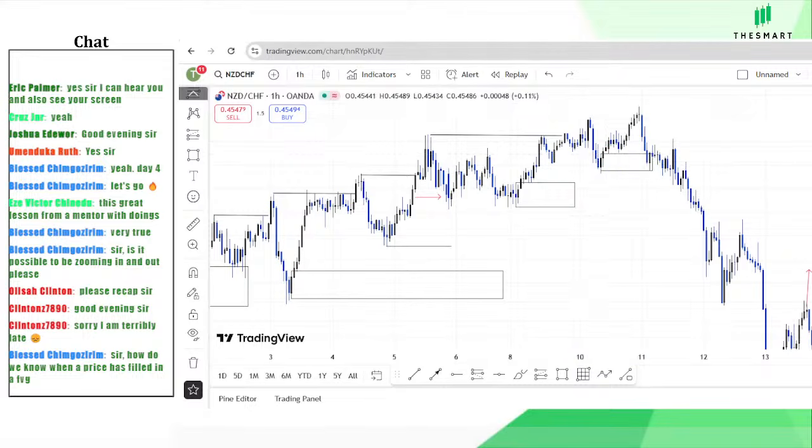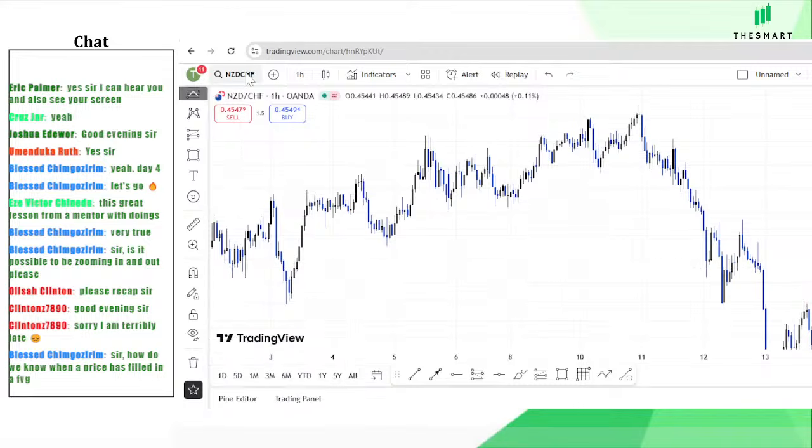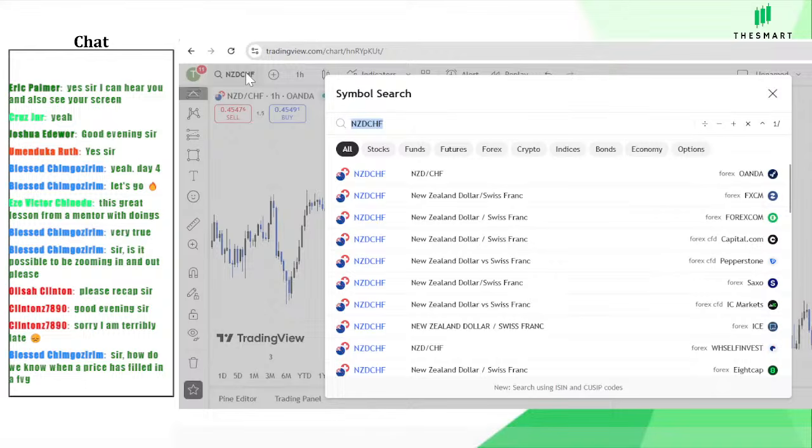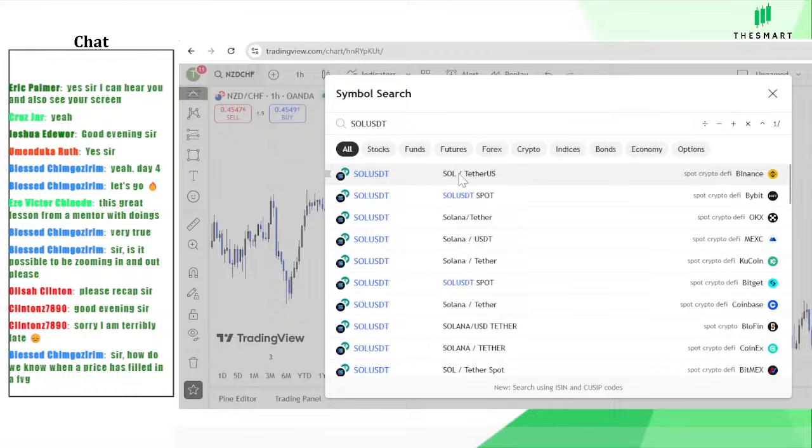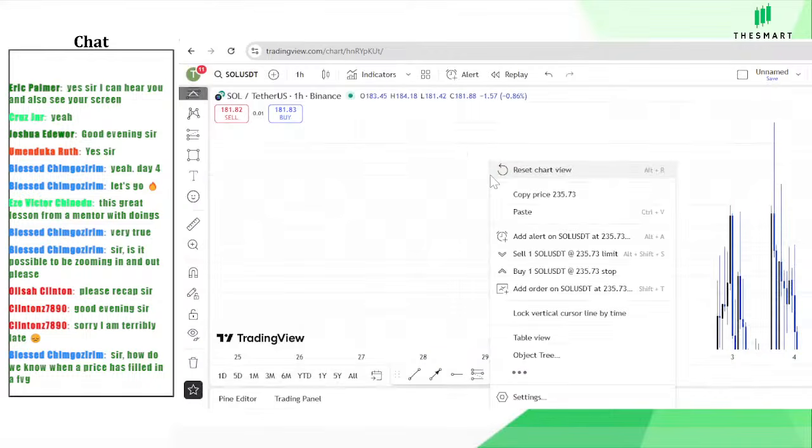Now, let's check a different pair to maybe actually get something. Let's maybe check Solana. I want to use one crypto pair as an example for this.